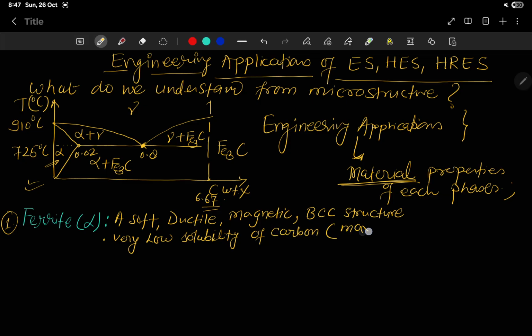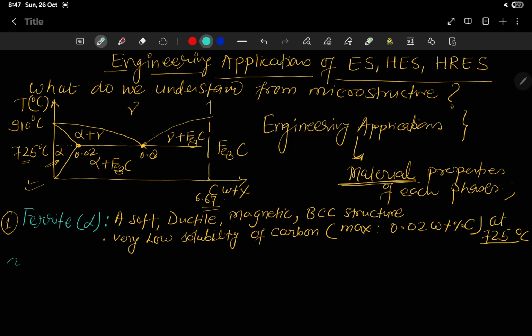You can see that maximum it contains 0.02 weight percent of carbon at 725 degrees Celsius. This is the maximum carbon solubility, at a temperature of 725 degrees Celsius.